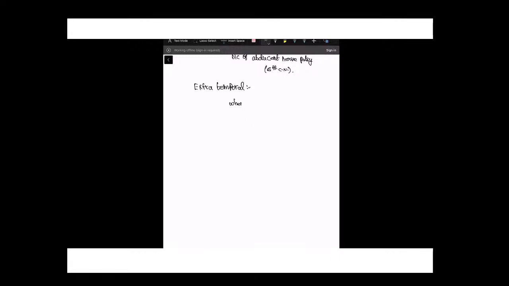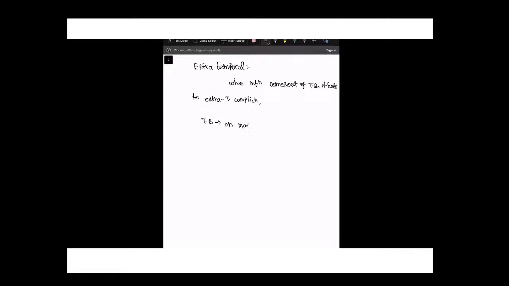When the infection comes out of the temporal bone, it leads to extratemporal complications.